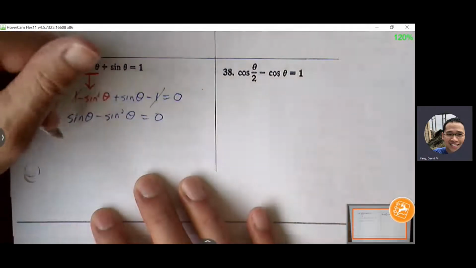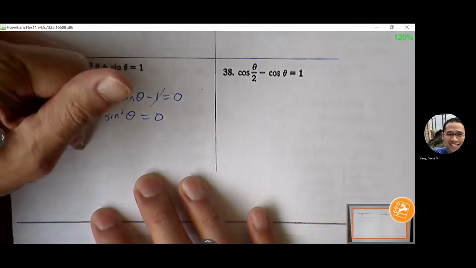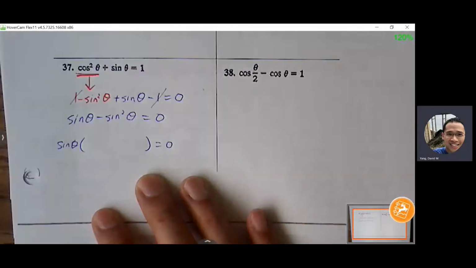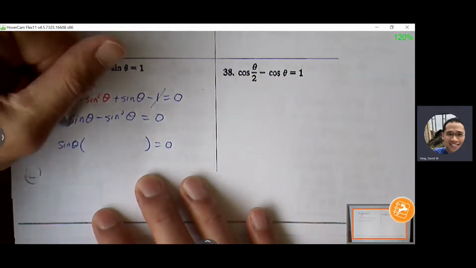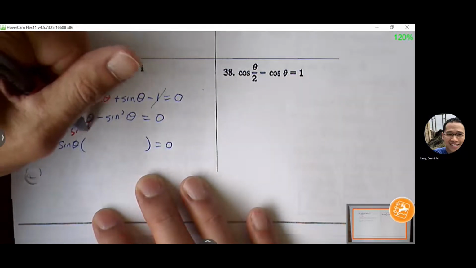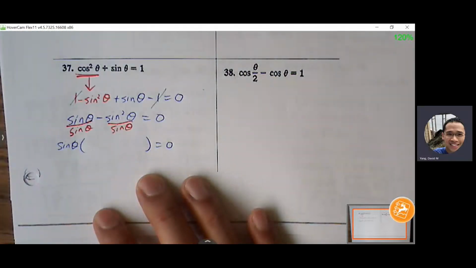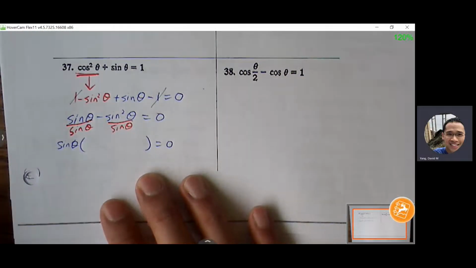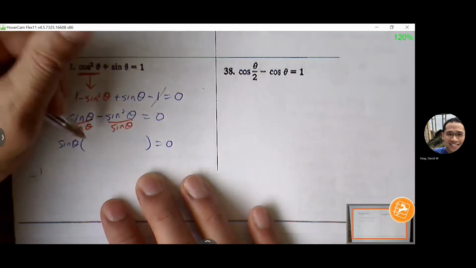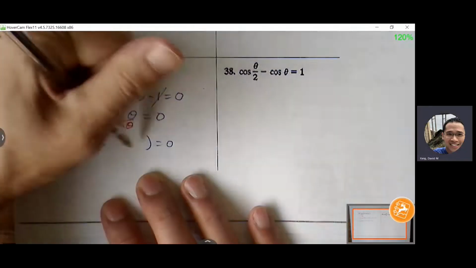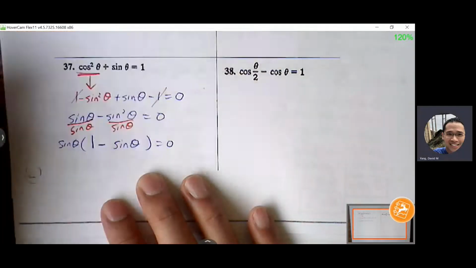GCF. Factoring out means dividing it out. Sine over sine becomes minus sine theta.